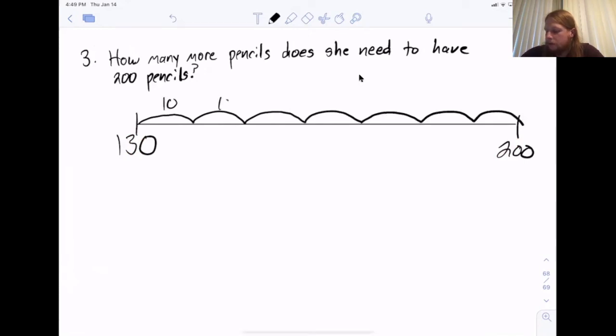So we have 10, 10, 10, 10, 10, 10, and 10. And now we can just count the tens. So we have 10 more, 20 more, 30 more, 40 more, 50 more, 60 more, and 70 more. So she needs 70 more pencils.